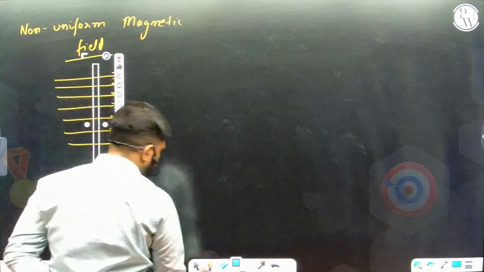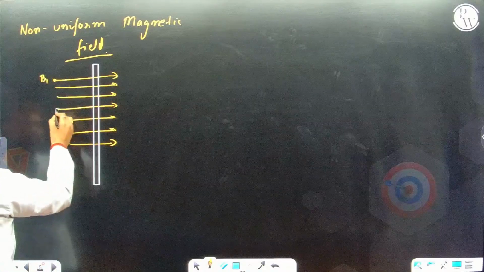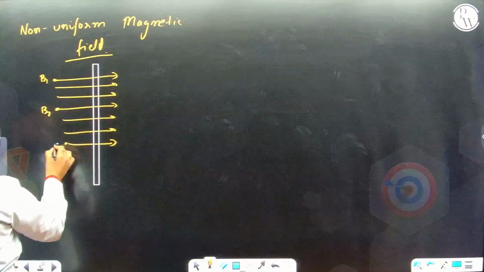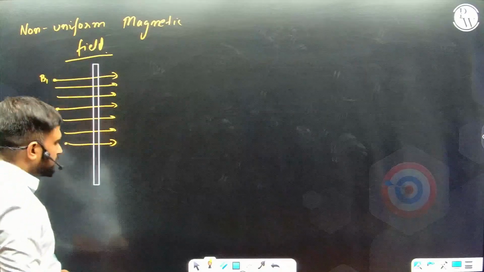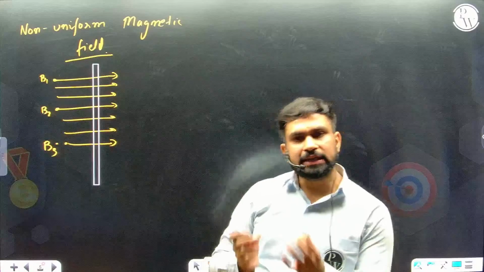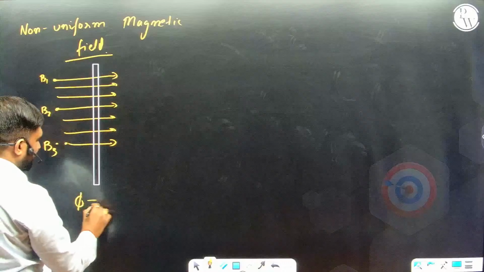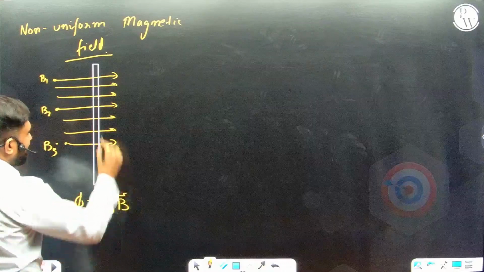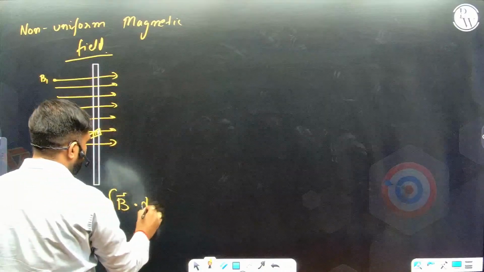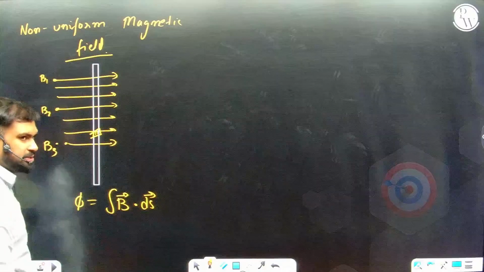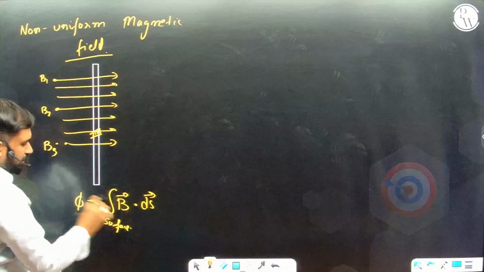But what do I see? The magnitude at the topmost point was some B1, later on it was some B2, then some B3, and so on, and they all are different. It's continuously varying. Since at each and every point the magnetic field intensity is not the same, I need to find the flux using integration only. So it will be B at that particular point. I'll take the little patch area, little ds, and then integrate over the surface. I get the net flux. That's it.